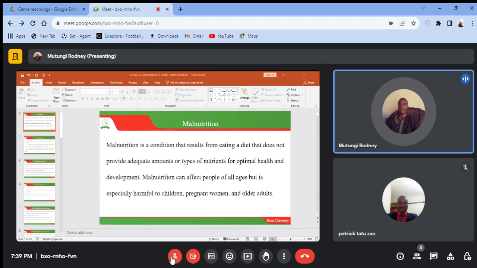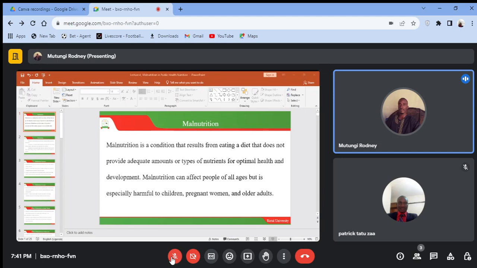Then this micronutrient supplementation can be in the form of tablets, capsules, or sometimes it can be added to food that is growing in the garden, which is called fortification. In that case, the food grows with it. I've seen cabbages being fortified with iodine. So you find cabbage grows and is fortified with iodine.